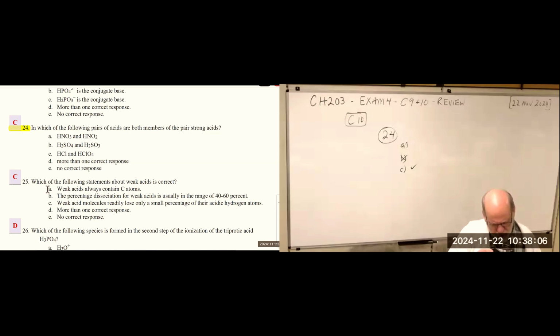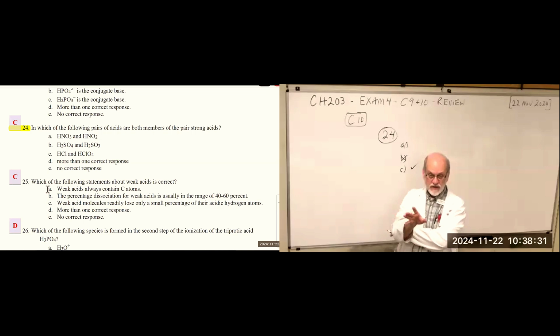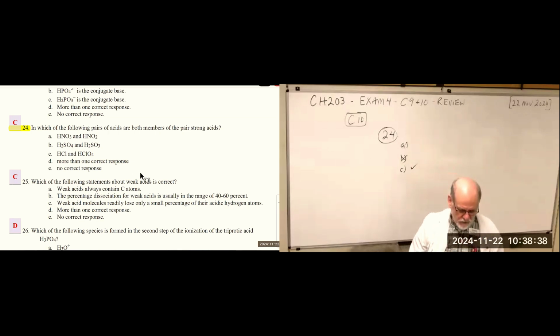Actually, they're both strong. Chemically speaking, they're both strong because they completely dissociate in water. But hydrochloric acid, once it's dissociated, does certain types of reactions, whereas perchloric acid does other types of reactions that are more aggressive, actually. But they're both strong. So C is your answer.